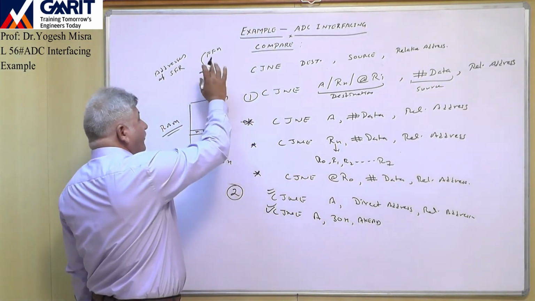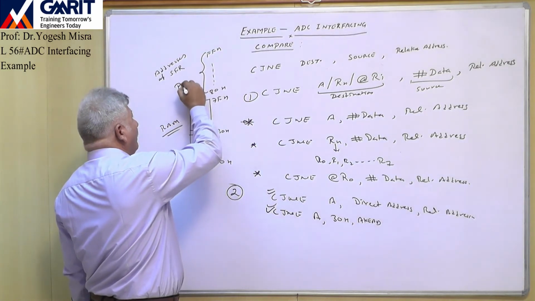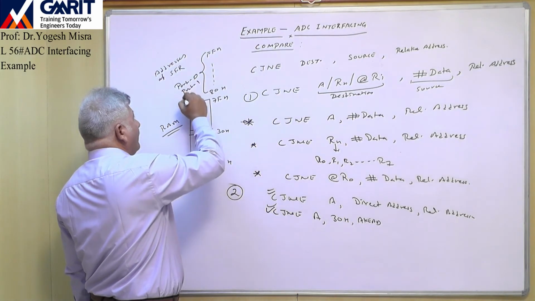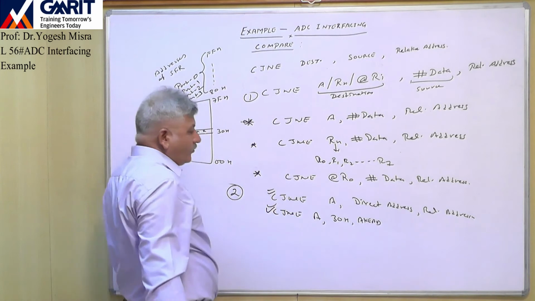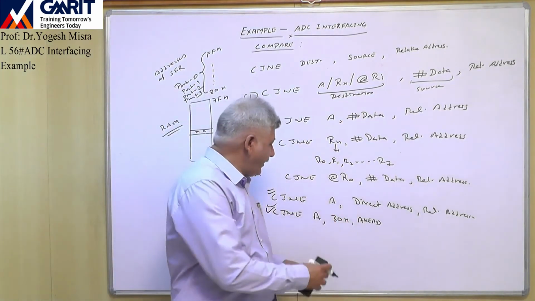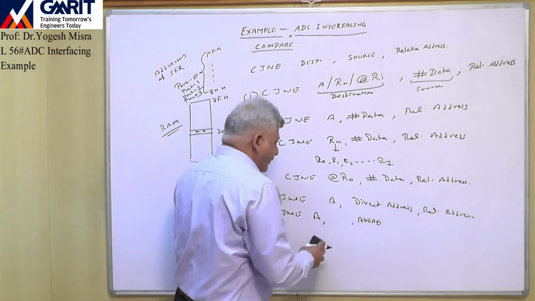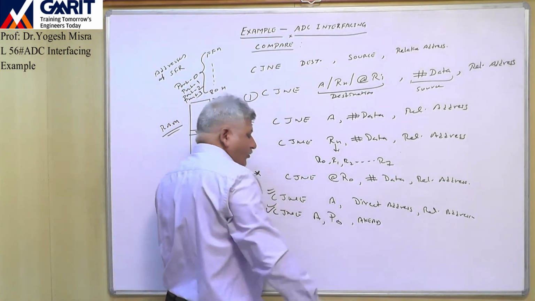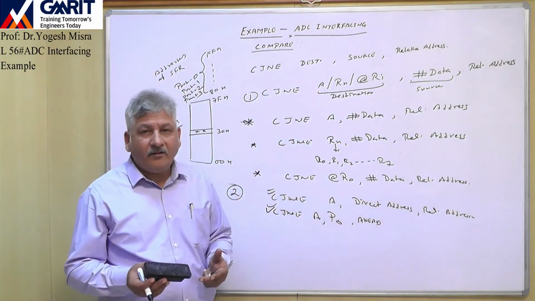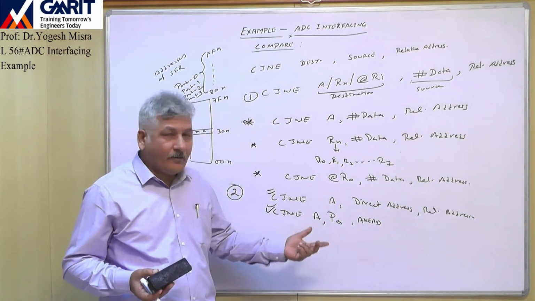There is one special address for port 0, port 1, port 2 and port 3, so we can use that address here also. Suppose in place of 30H we have written the address of port 0. What is the address of port 0? That you will find out from the books or from the manual.